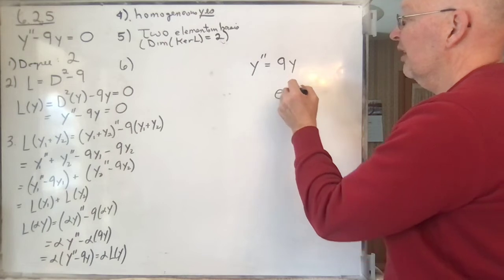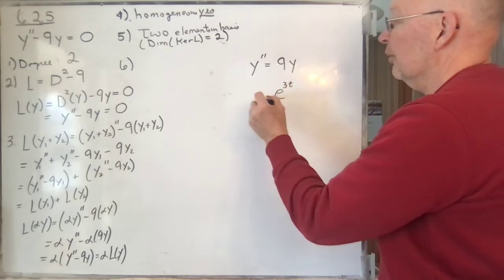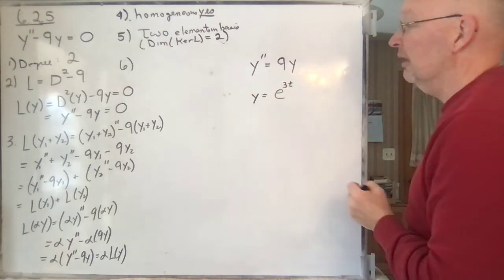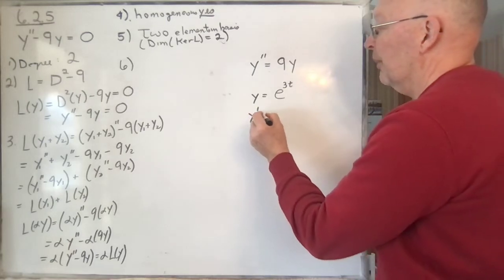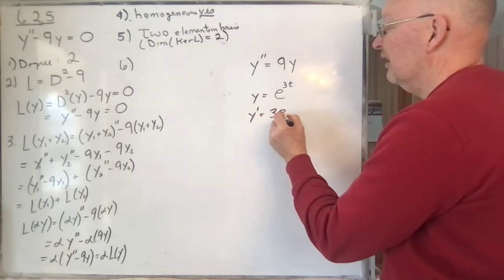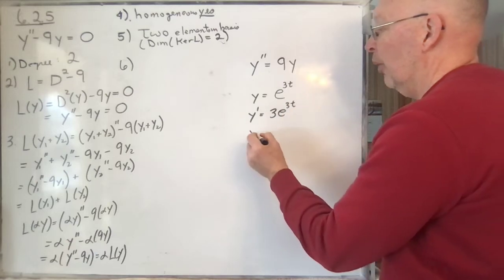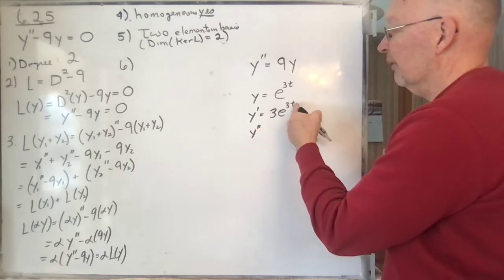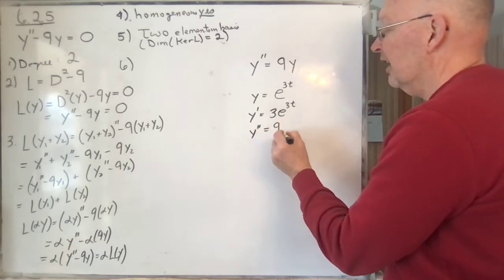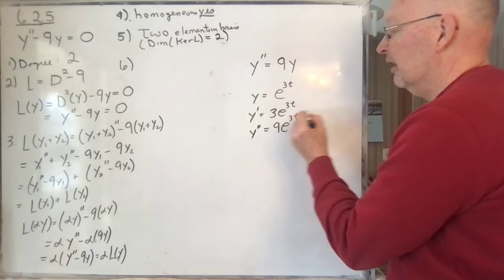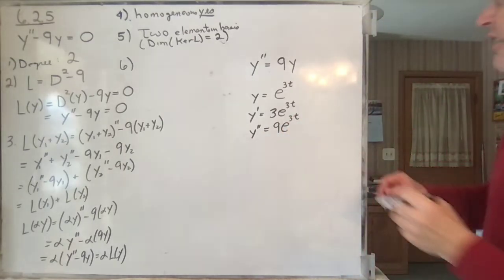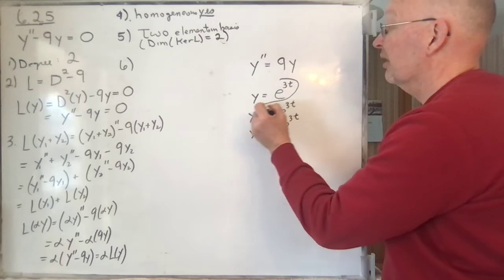If I let y be equal to e to the 3t, then watch what happens. y prime is equal to 3e to the 3t. And y double prime, you bring down 3 again, you get 9 times e to the 3t. So sure enough, this is one thing that works.